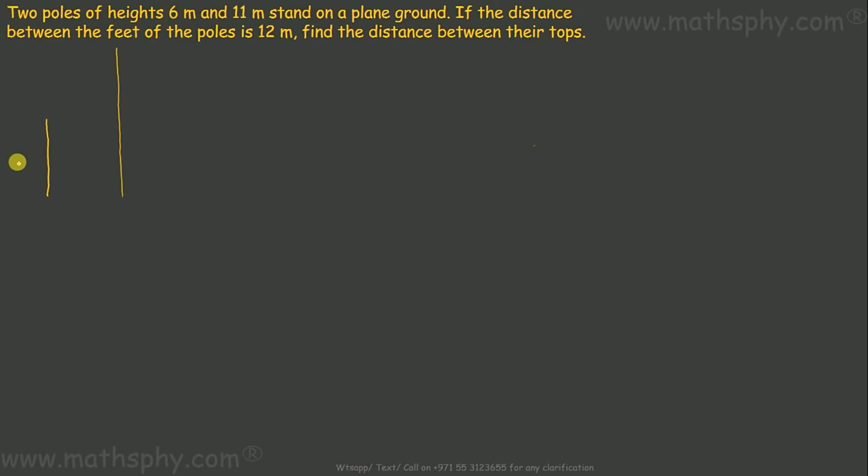So I'll write it as pole 1, pole 2. If the distance between the feet of the pole is 12 meters, means this distance here is 12 meters. This is 6 meters. This is 11 meters. Find the distance between the tops. This distance I have to find out.